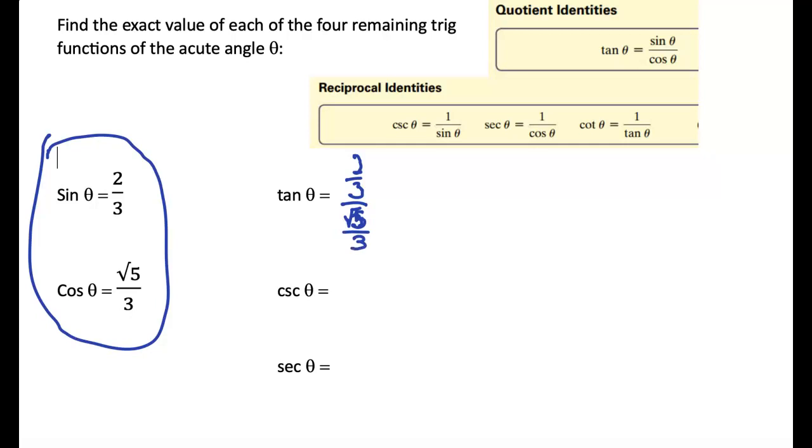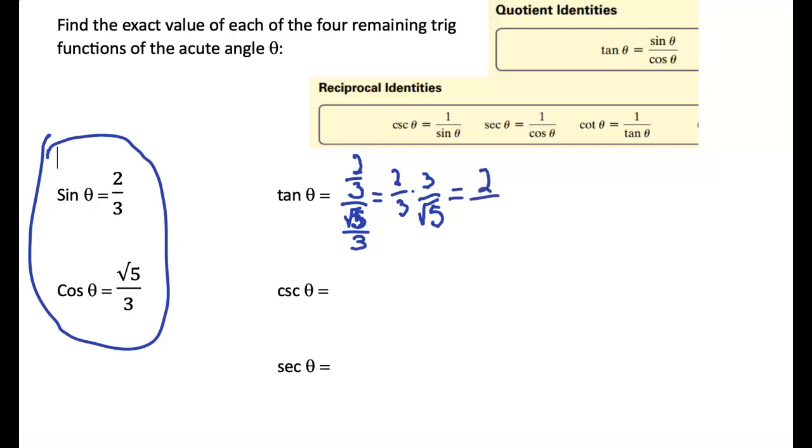And to simplify this, when you're dividing with fractions, it's the same thing as multiplying by the reciprocal. So we have 2/3 times 3 divided by the square root of 5. And that simplifies to give us 2 divided by the square root of 5.